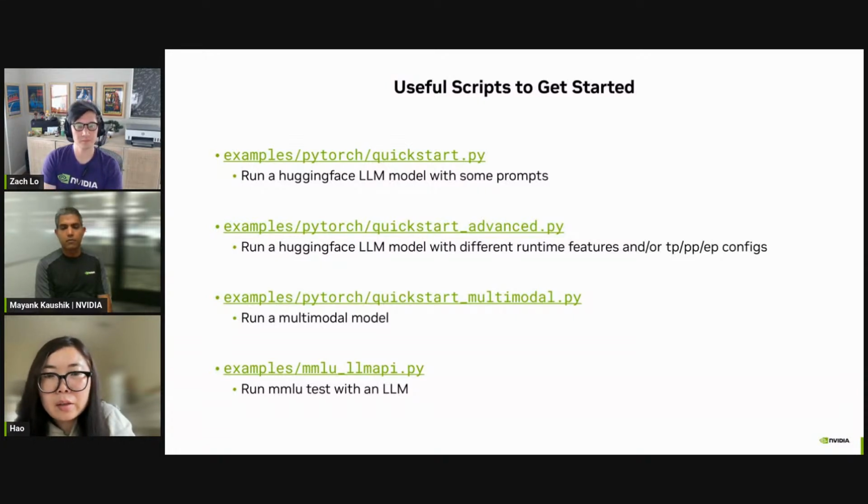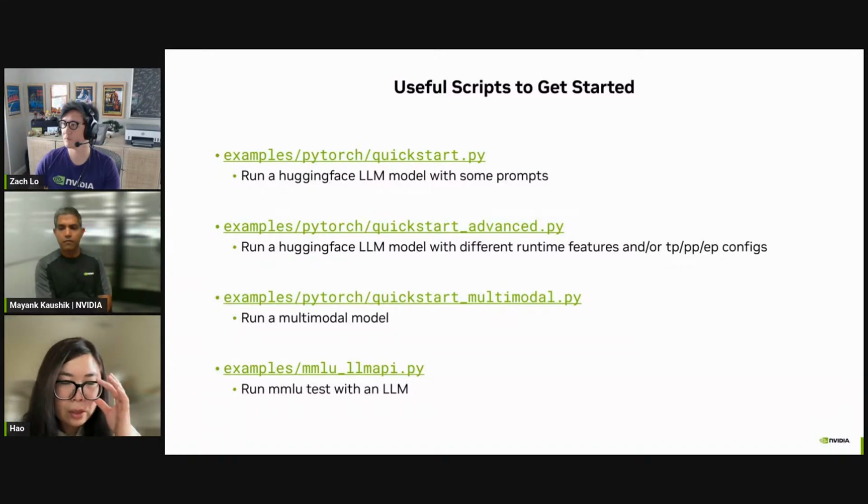And then the quickstart advanced.py is usually used to test out different runtime features and combinations, such as different TP, PP, EP configs, or turning CUDA graph on and off, or testing different decoding algorithms like speculative decoding. Next, quickstart multimodal.py is used to run multimodal models. And there's one more script, MLU API.py, and we use this to run MLU tests with LLMs.